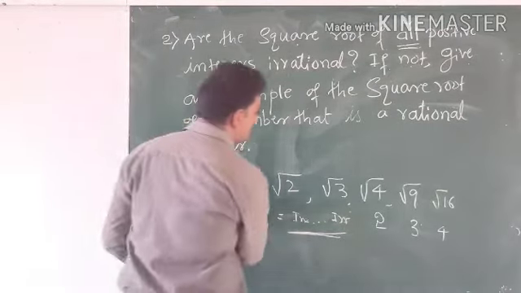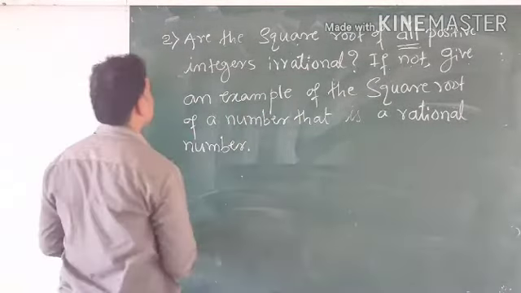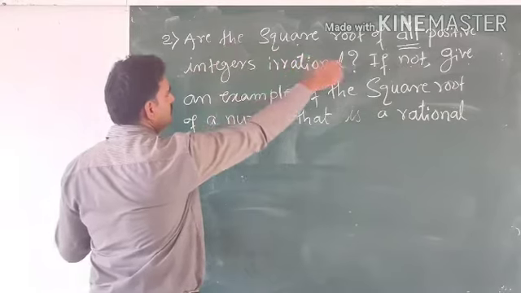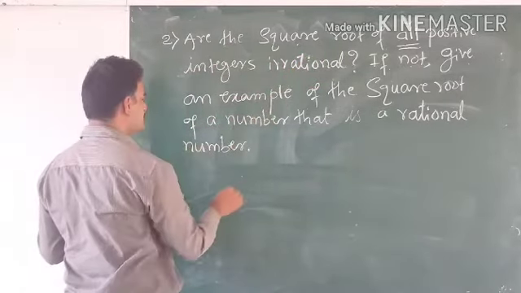I'll write in a proper manner. Now, are the square roots of all positive integers irrational?